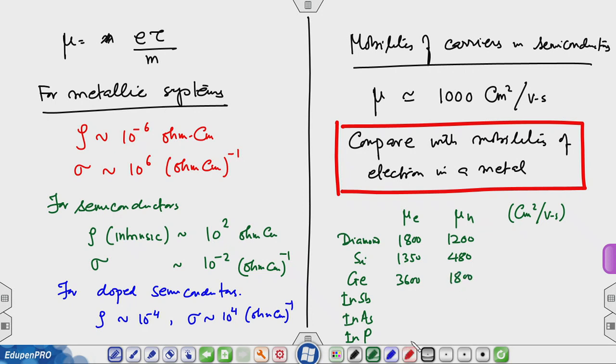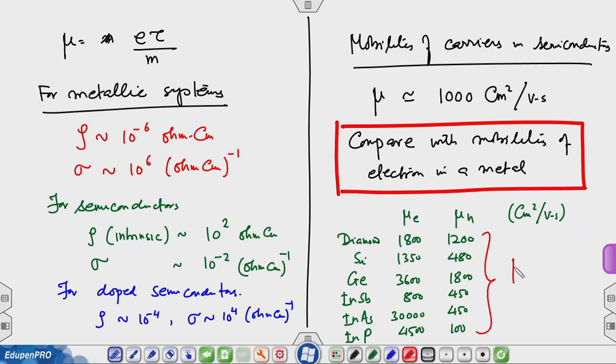For indium antimonide is 800 for electron and 450 for hole. For indium arsenide is 30,000 for electron and 450 for hole, and indium phosphide is 4500 for electron and 100 for hole.